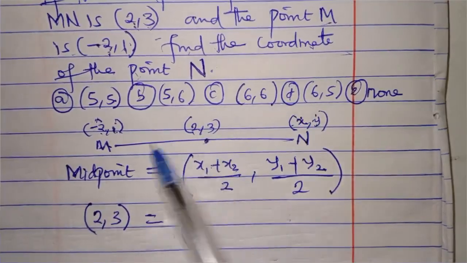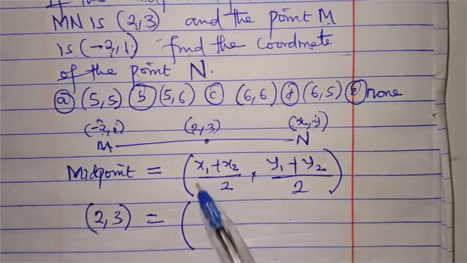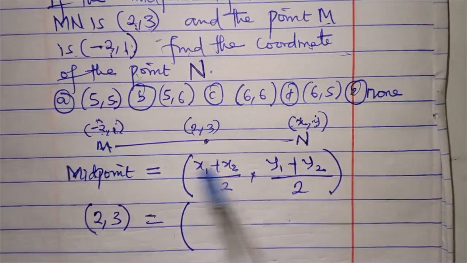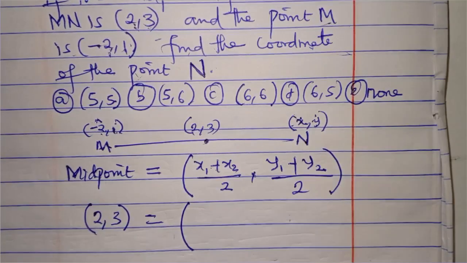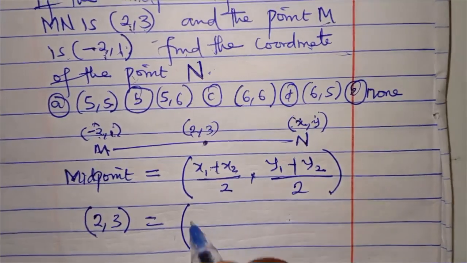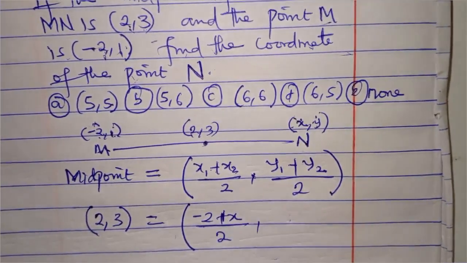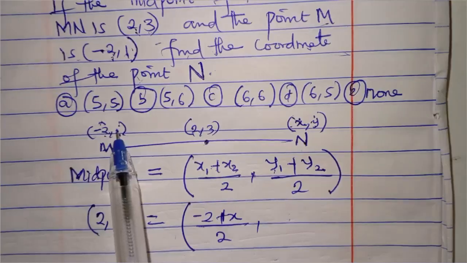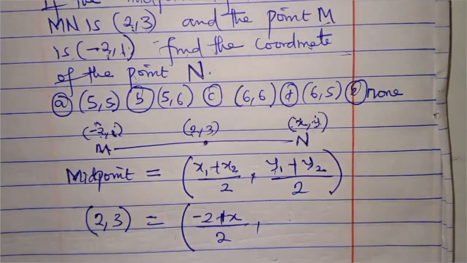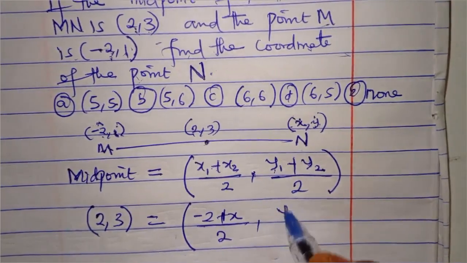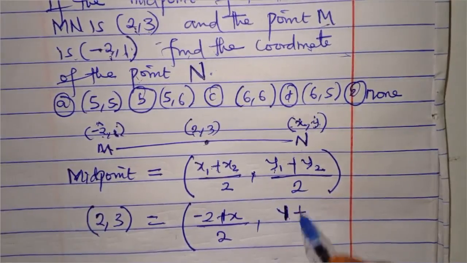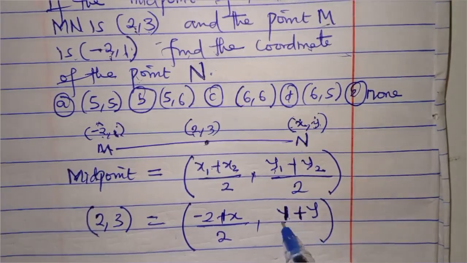So fixing those values into this equation, we have x1 is minus 2 plus x2 is x. So we have minus 2 plus x all over 2, what's y1? 1, what's y2? y. 1 plus y all over 2.